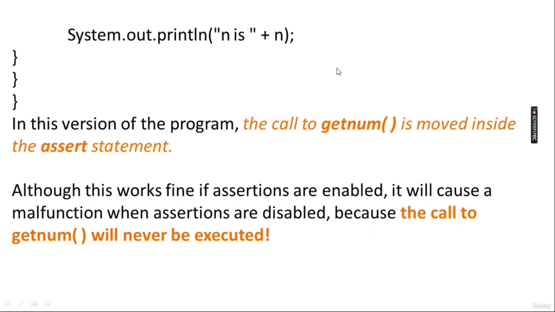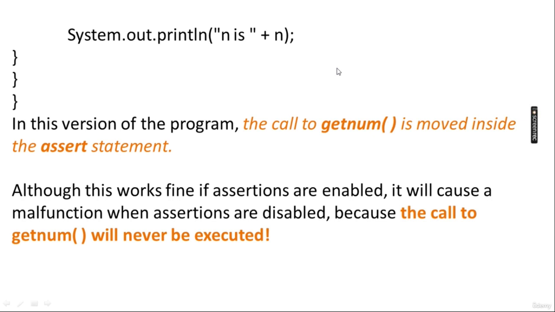In this version of the program, the call to getnum is moved inside the assert statement. This is fine if assertions are enabled, but it will cause a malfunction when assertions are disabled, if your code is released, because the call to getnum will never be executed.